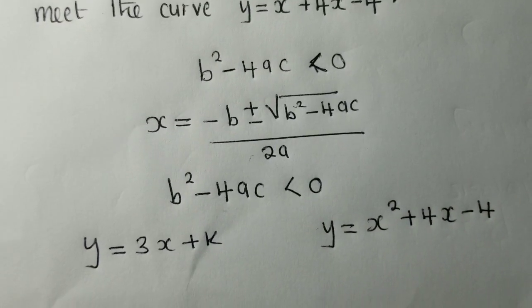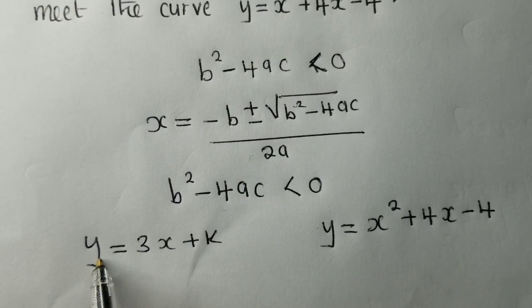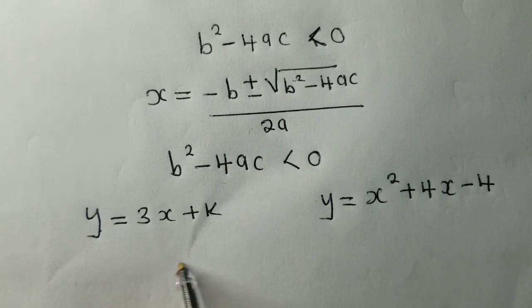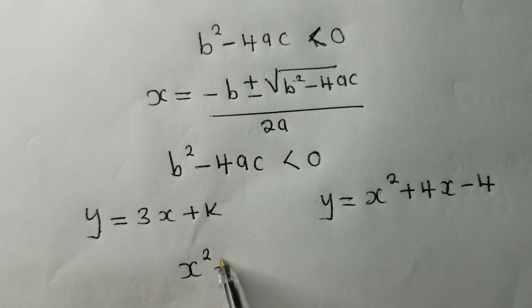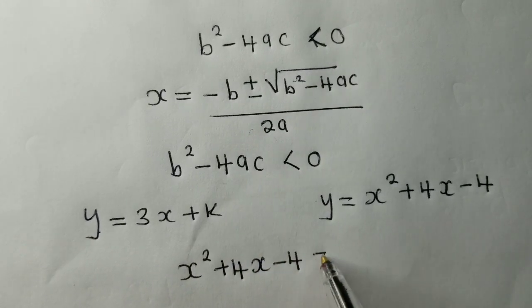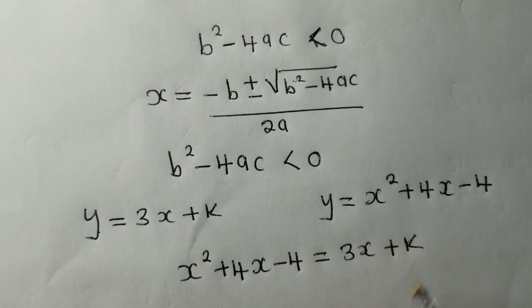So now these two equations, equate them. You equate because y is equal to this and y is equal to this. So you can say x squared plus 4x minus 4 is equal to 3x plus k.